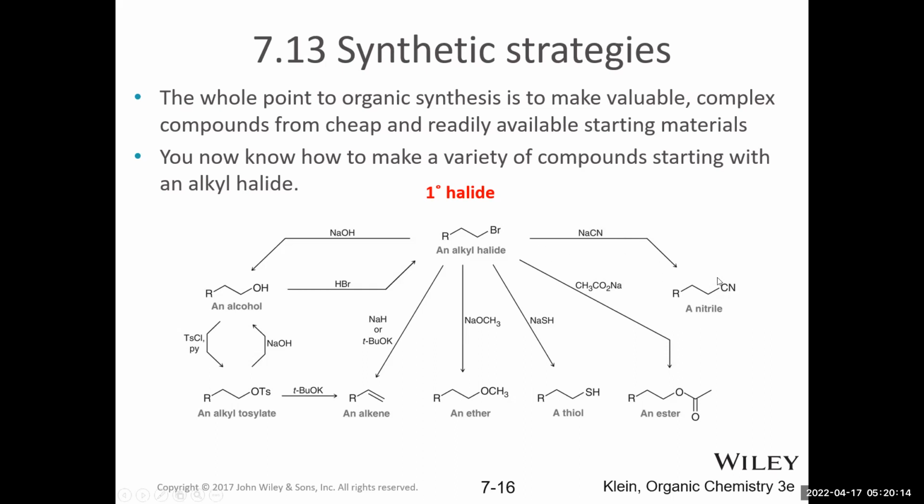If we treat with sodium cyanide, we can get a nitrile. If we treat with sodium acetate, we can get an ester. If we treat with sodium thiol, we can get a thiol. And if we treat with sodium methoxide, we can get an ether. We can also use sodium hydroxide to give us an alcohol, and that's also an SN2 reaction.